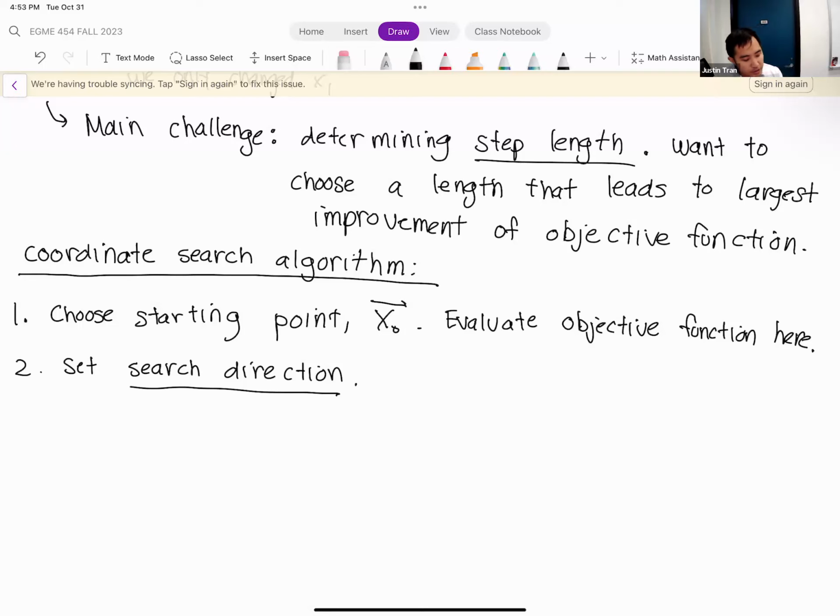All right, so step two is to set the search direction. Remember the search direction here is going to be just one variable at a time. Mathematically, this is going to look like a unit vector in one of the coordinate directions.